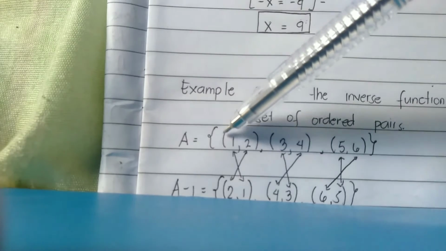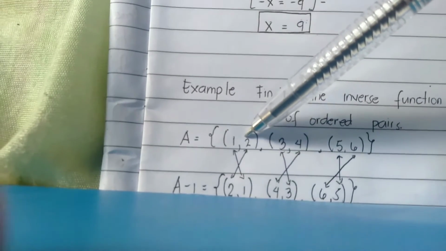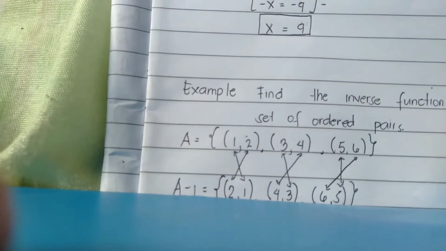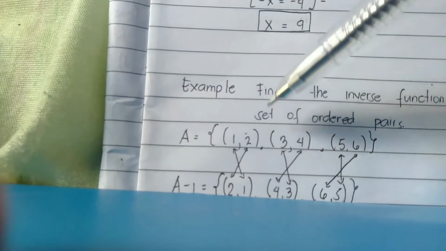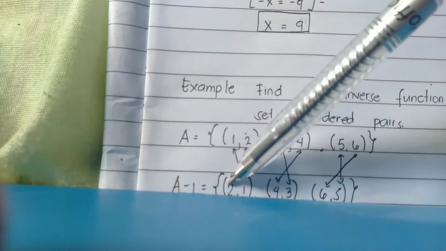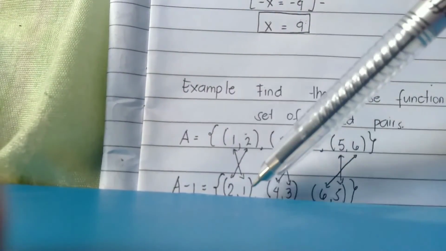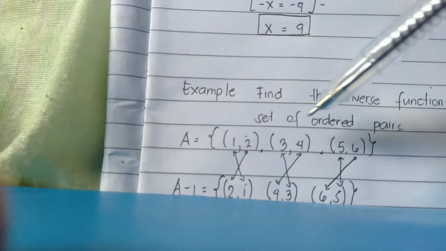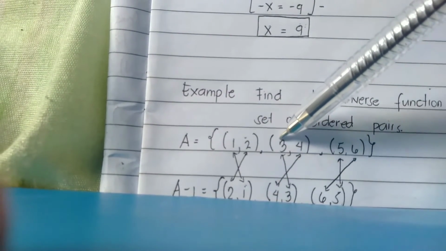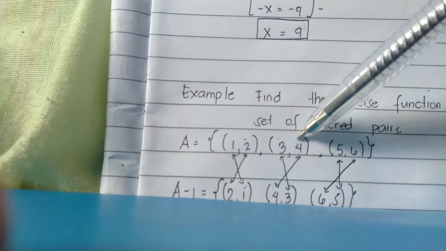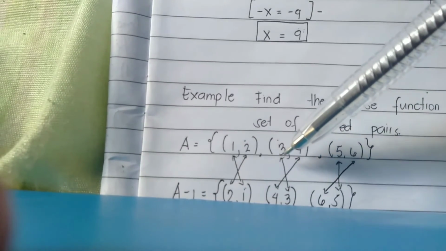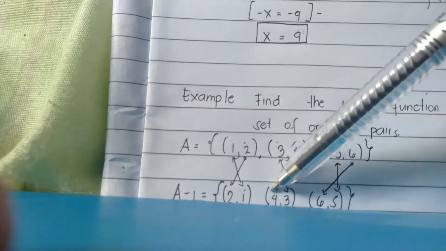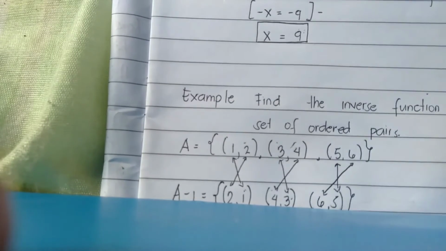So the x here is 1 and the y is 2. Its inverse is x is 2 and y is 1. Same here, 3 is x, 4 is y. Then the inverse is 4 is x and 3 is y.